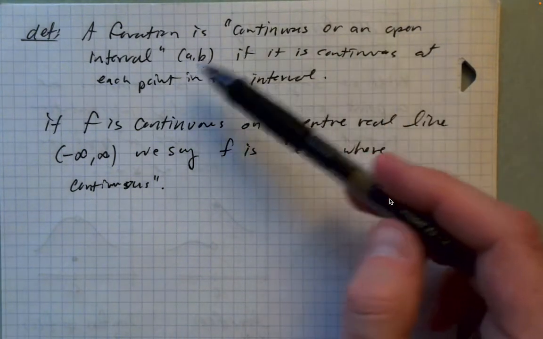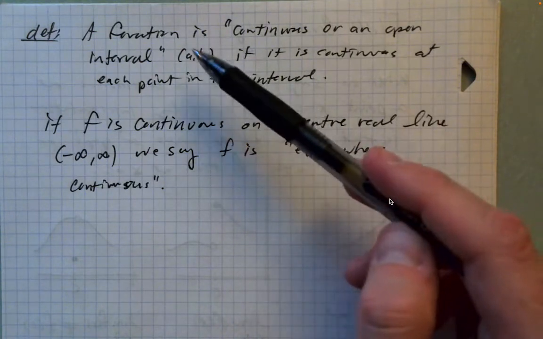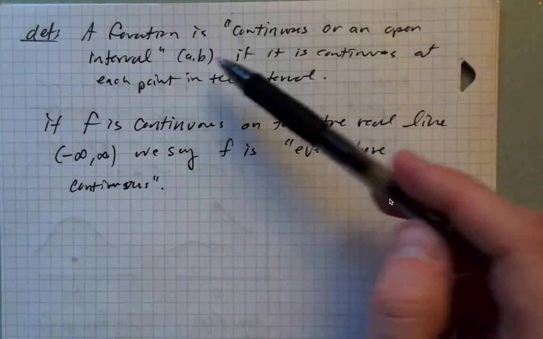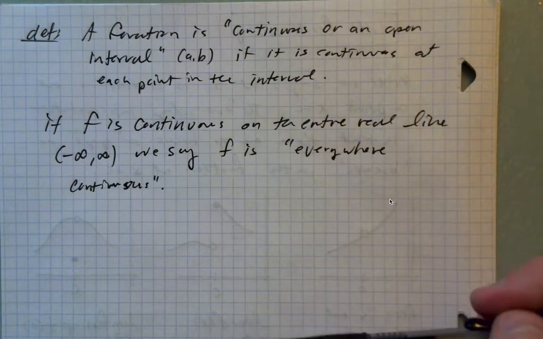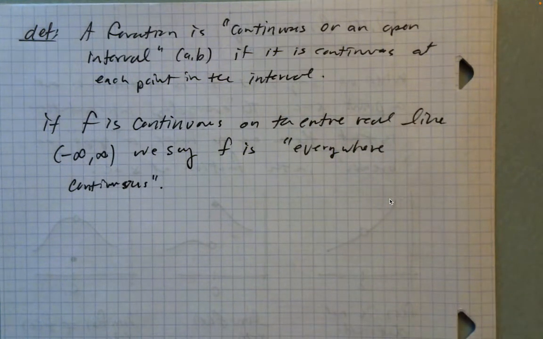Basically, an interval gets its continuity from every point in the interval having met the criteria of continuity. And then we can say that a function is continuous for all real numbers if, on the open interval from negative infinity to infinity, every point in there meets the criteria of continuity.